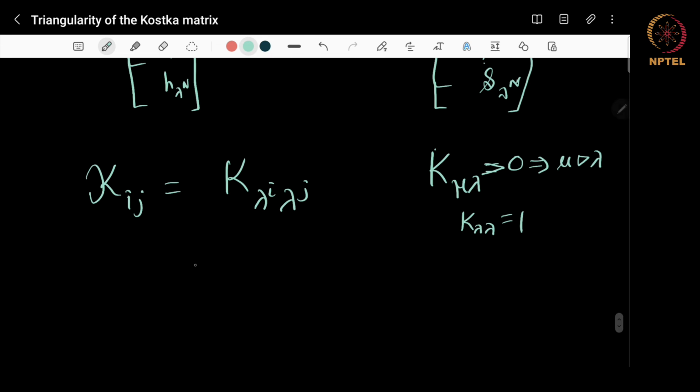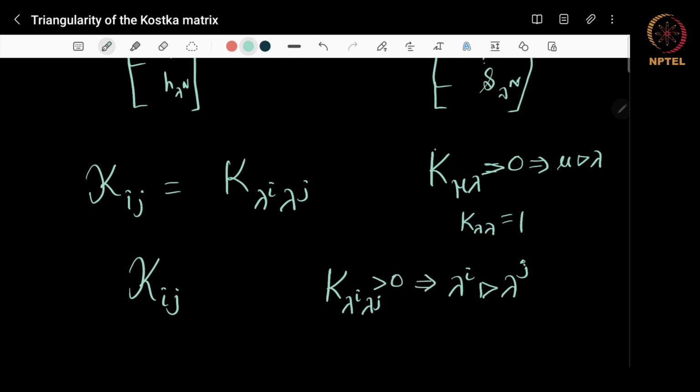So what does this mean in terms of i and j? We said that K lambda i lambda j, the Kostka number, is positive implies lambda i is bigger than lambda j in the dominance order, and this means that i occurs before j in our ordering.